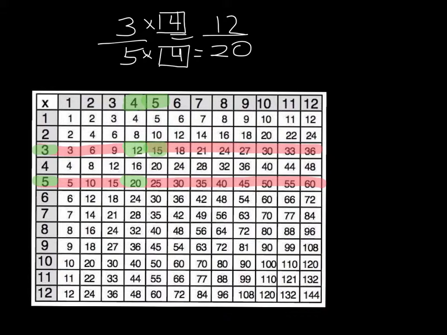Then 15/25 must also be equal to 3/5, and 18/30 must also be equal, and 21/35 must also be equal as we multiply by 7, and 24/40, and so on and so forth. And that is in fact true, that all of these are equal to what we originally started off with, which was 3/5. This 3/5 right here.